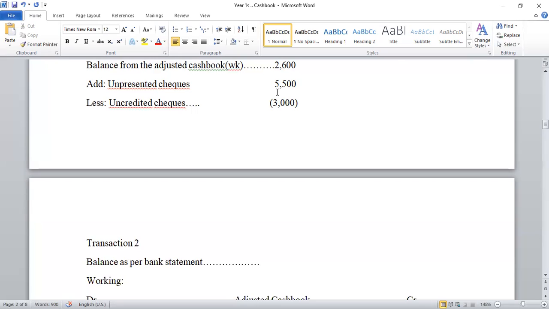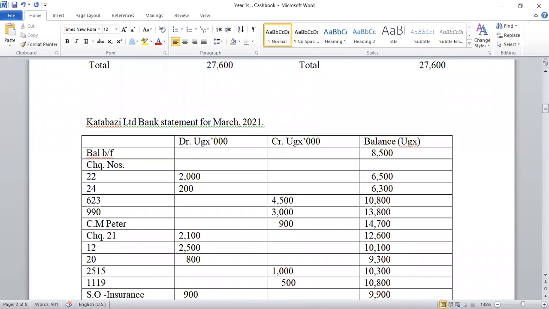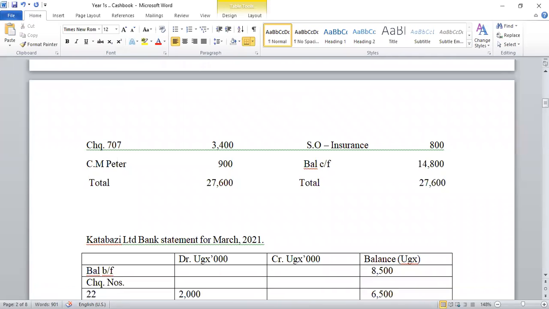You can see the difference. Here we have 2,500. When I add it to this, I will get 5,100. So this is my 5,100, as far as the construction is concerned. This is supposed to be the same as the opening balance of the bank statement. When you count the bank statement, the opening balance is 8,300.